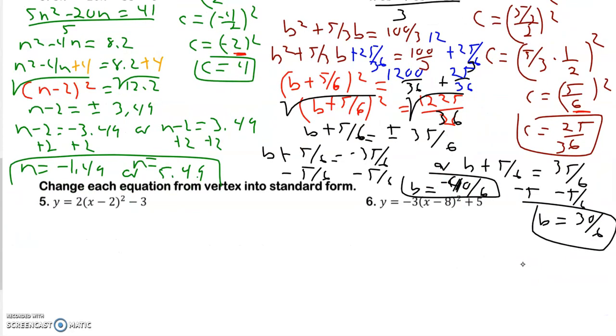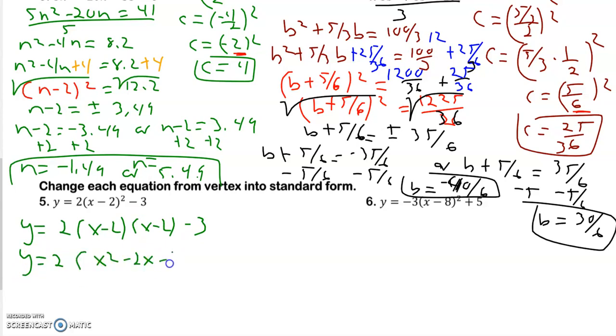So let's take a look at this. Next one, we're going to be changing forms. We're going to be changing vertex to standard form. So how I do it is I like to write it twice and then I FOIL. So y equals 2, and then I do x squared plus 4x plus 4, combine like terms.